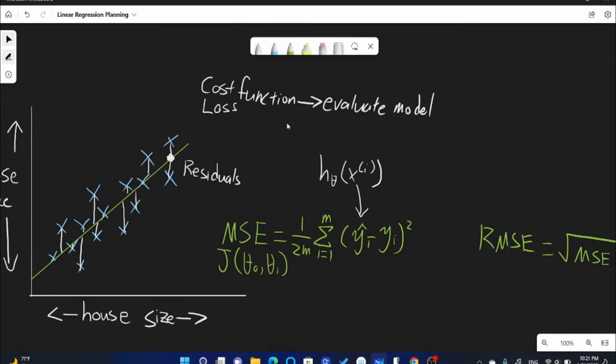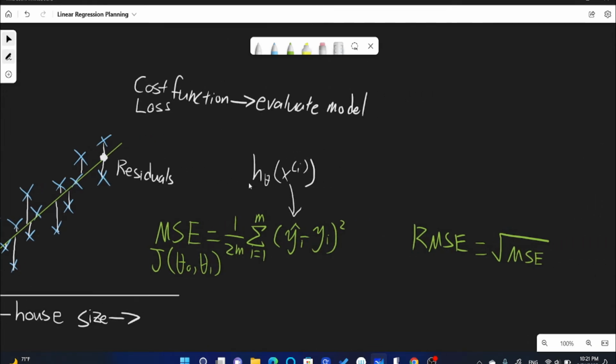Yeah, sorry, I forgot to mention, we're trying to minimize the cost function because we're trying to get the least amount of error in terms of the difference between predicted values and actual values, right? So we're trying to minimize it. And if we're trying to minimize this, it's basically the same thing as minimizing this. So it doesn't really matter in this case.